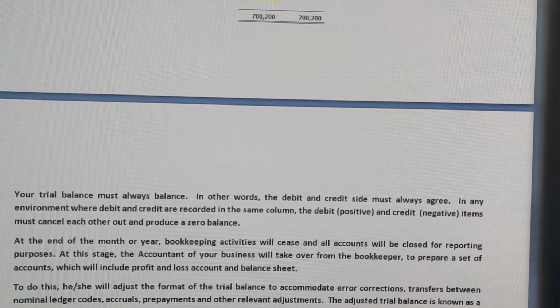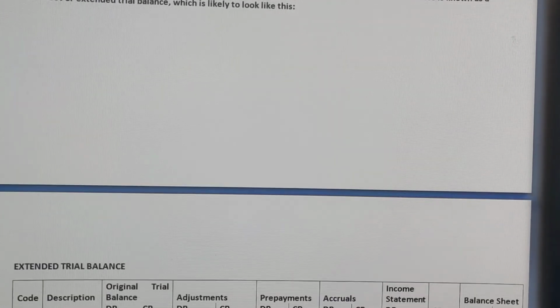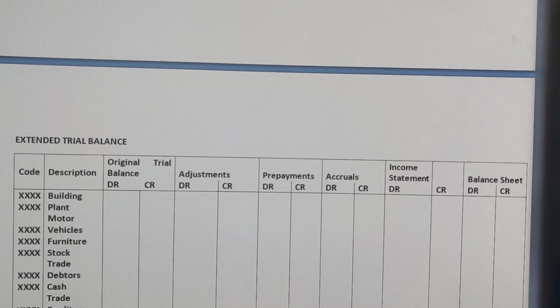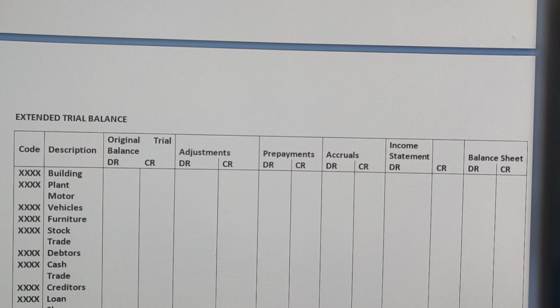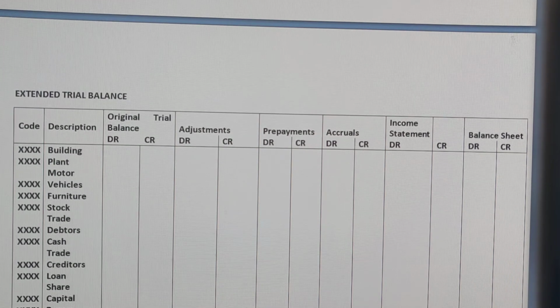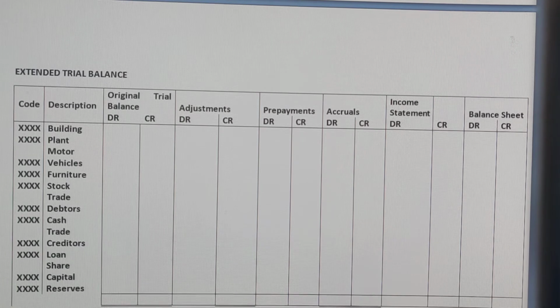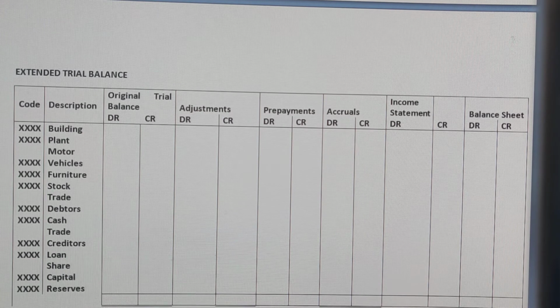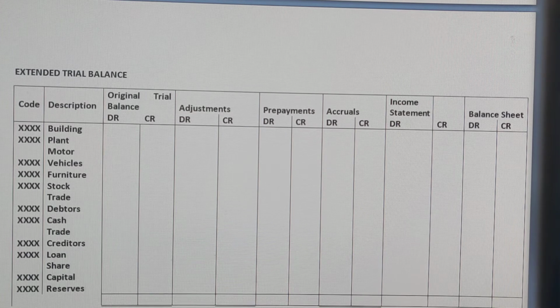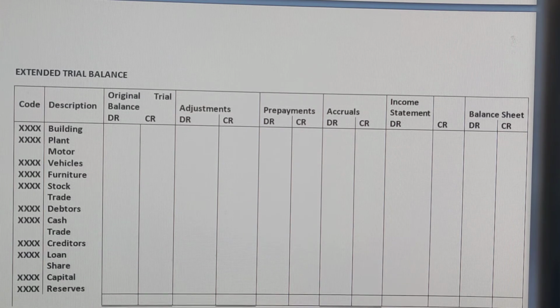And after adjusting the trial balance, it will look something like this. It will become what they call an extended trial balance or worksheet. As you can see, the extended trial balance is like this. On the far left, there will be a column for codes, that is nominal ledger codes, followed by another column for the description of every nominal ledger code, for instance, building, followed by another column which is the original transaction which the bookkeeper produced.